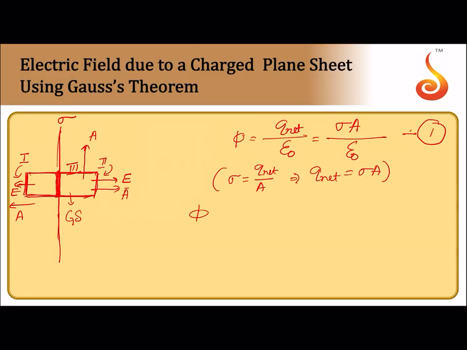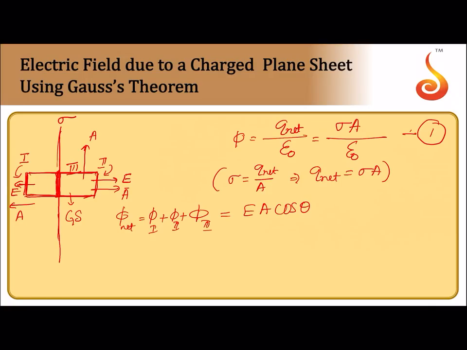And the next step is flux is equal to E A cos theta. But now let us be a little careful. What is the care to be taken here? Now this is the net flux. Net flux is equal to flux over surface 1, flux over surface 2 and flux over surface 3.